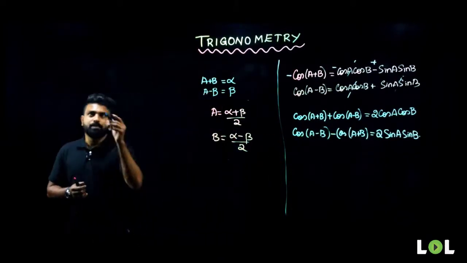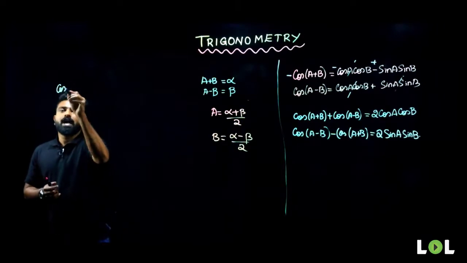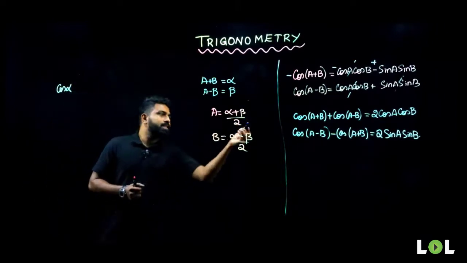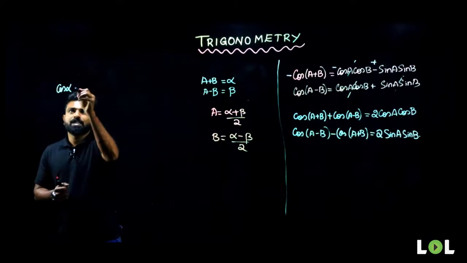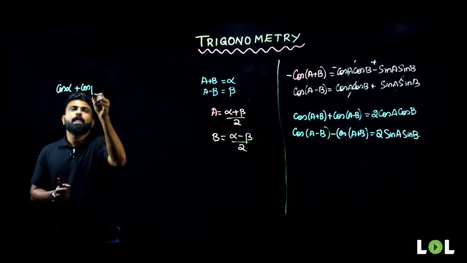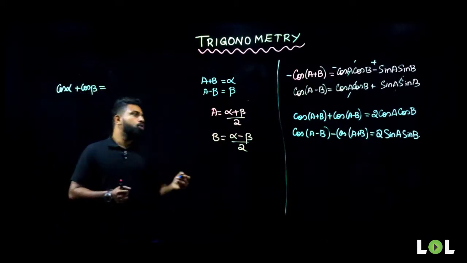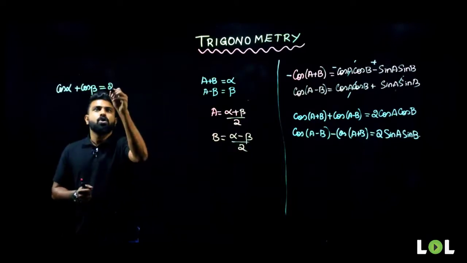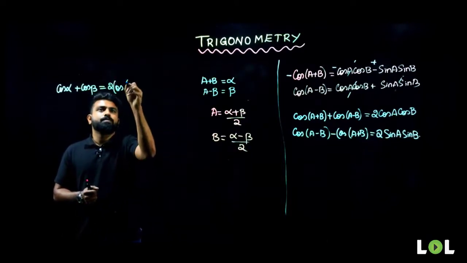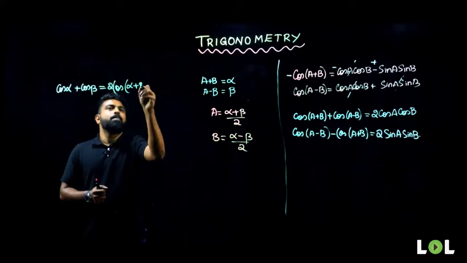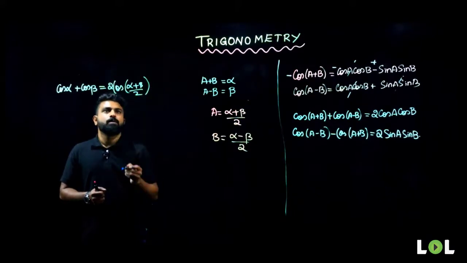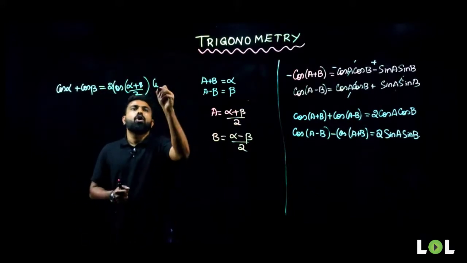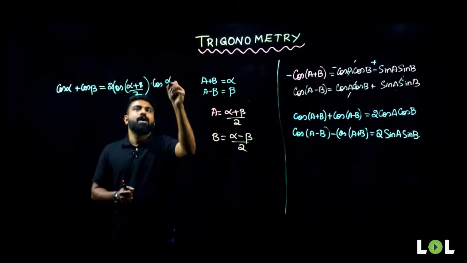Cos of a plus b, that is nothing but cos alpha, plus cos of a minus b, that is nothing but cos beta, and that will be equal to 2 into cos of alpha plus beta by 2 into cos of alpha minus beta by 2.